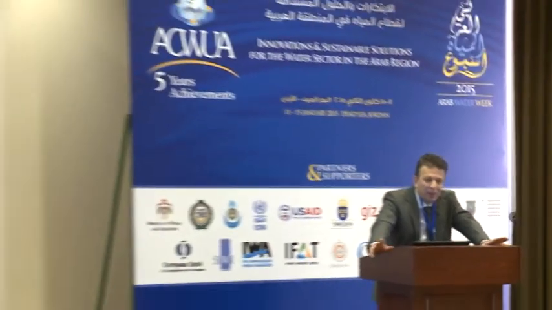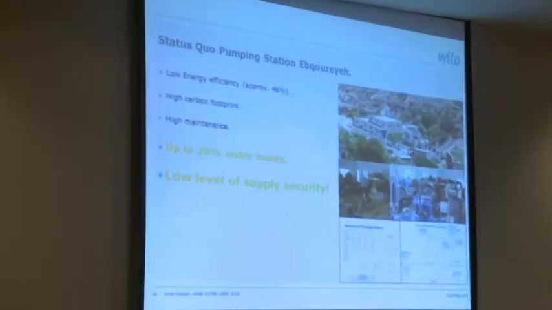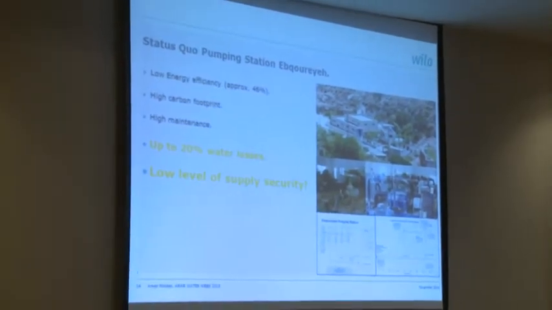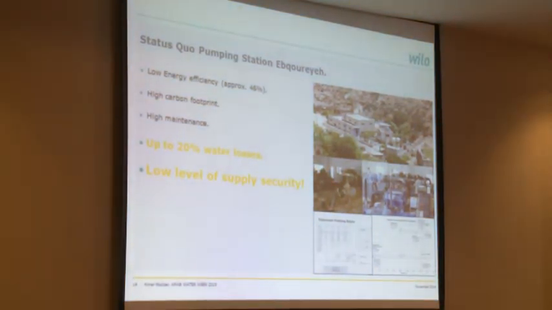The public partner was WILO in cooperation with Engicon. Engicon is a local consulting company with facility for maintenance and operation of treatment plant and pumping station. What was the situation in the Korea?